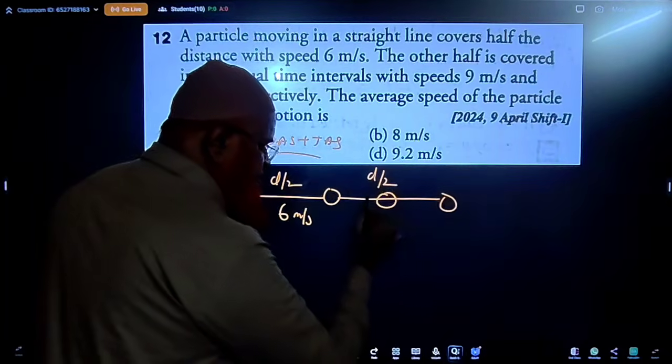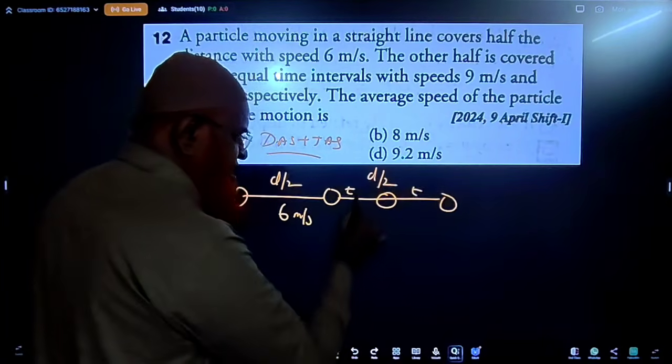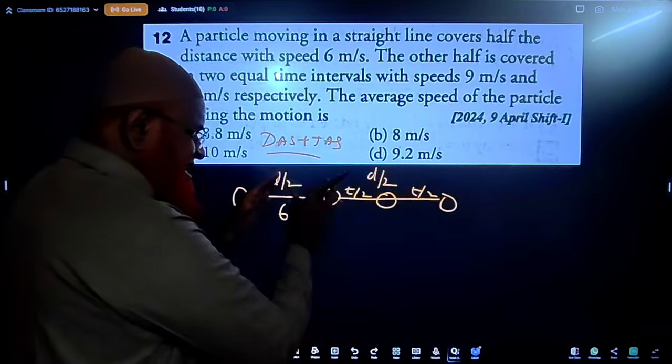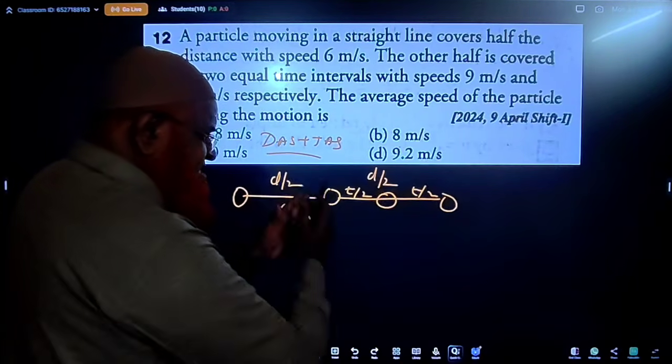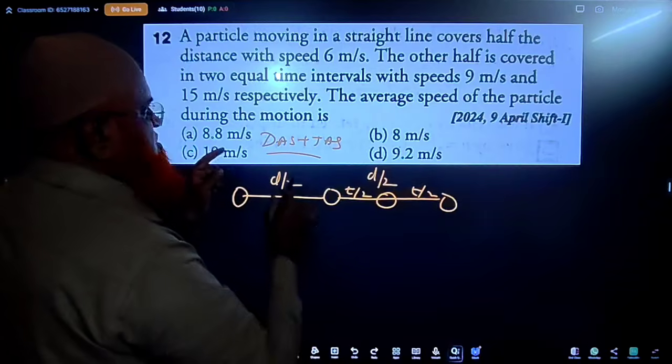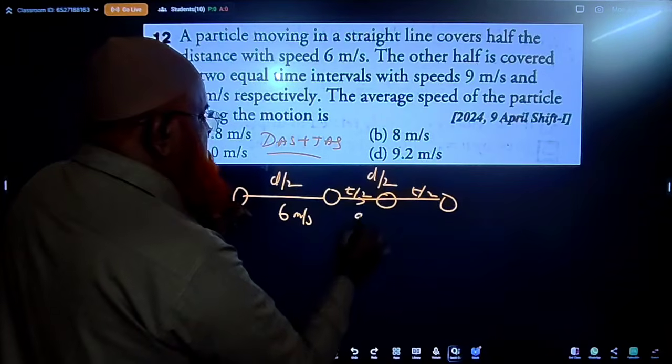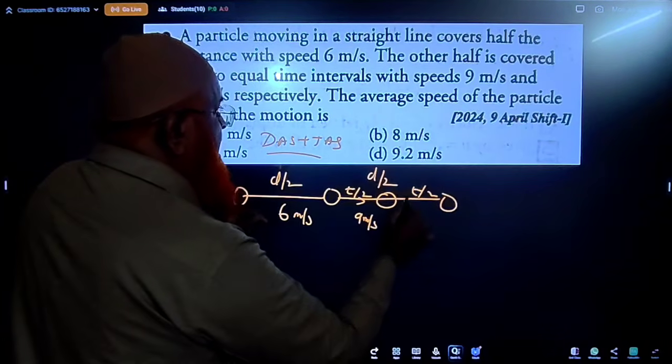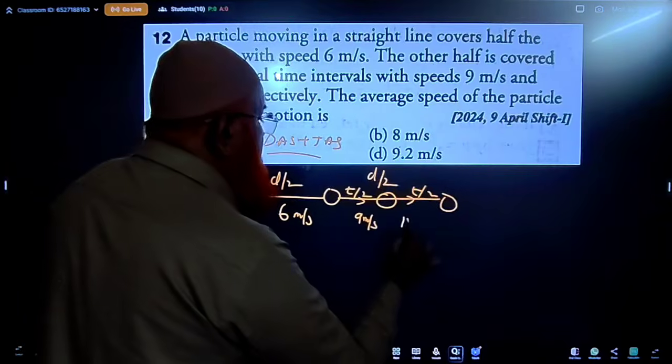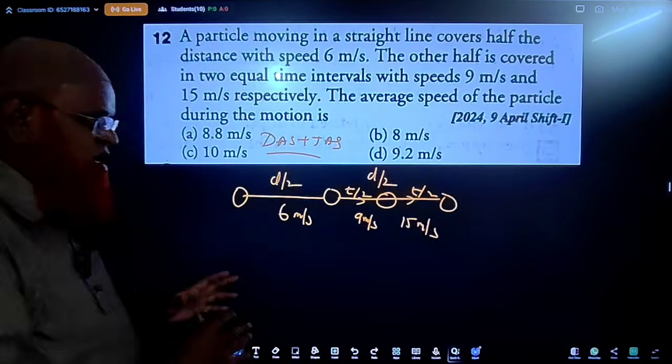Divided into equal times here again. This is time t, this is time t, and t by 2 and t by 2. The second part is again divided into 2 half times. It is given that this part is 9 meters per second and this part is 15 meters per second. Hope you understood what I am saying.